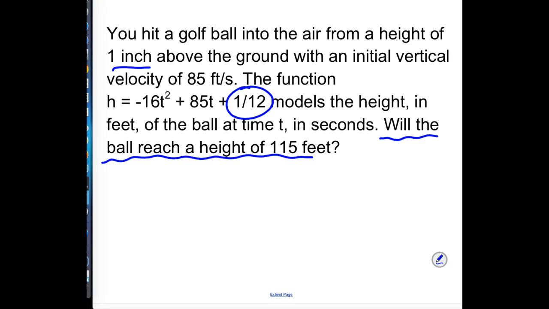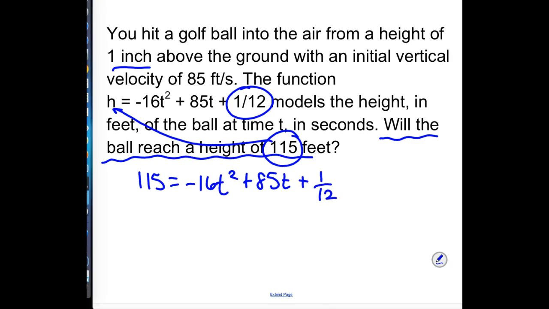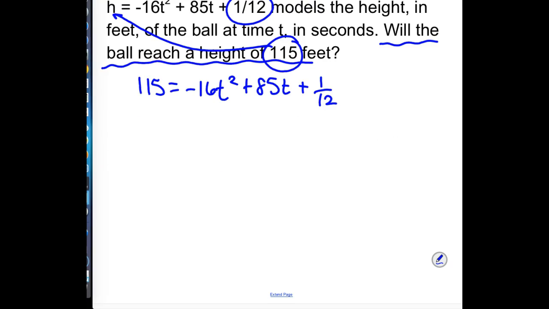Okay? We are going to put 115 in for our height. And then we're going to solve and get that 0 on the one end so that we can figure out correctly what our A, B's, and C's are. If I subtract 115 to this right-hand side here, I had a 1/12.